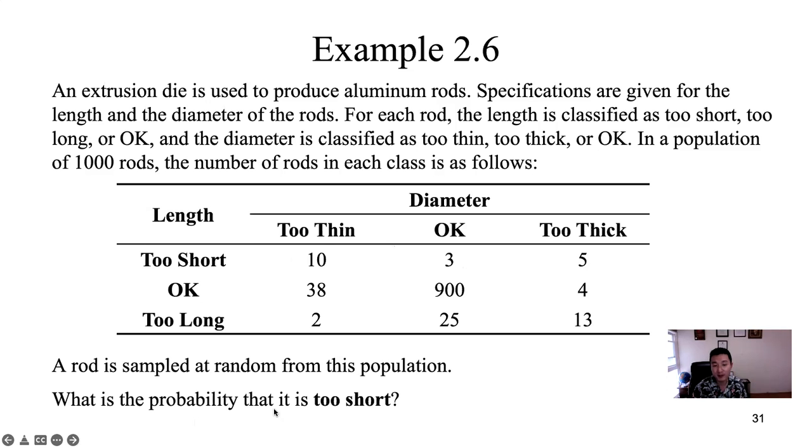So the probability that it is too short is how much? They are all equally likely events. It will be 10 plus 3 plus 5, which is equal to 18, divided by the whole population, 1,000. So that is the probability that a randomly chosen rod is too short. Make sense?